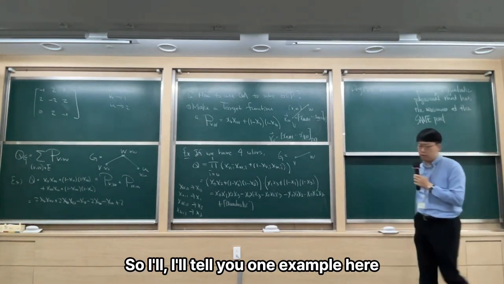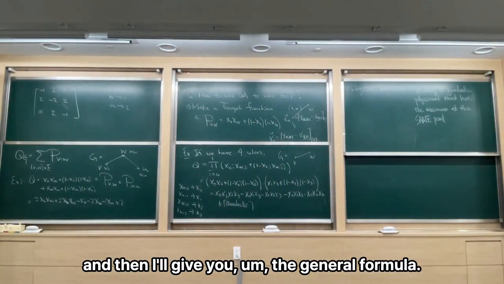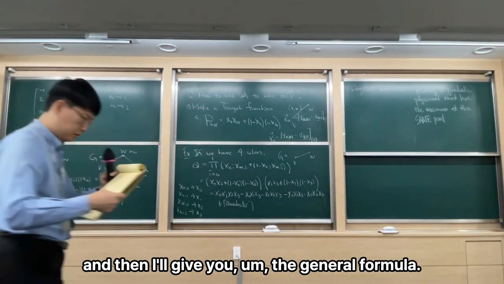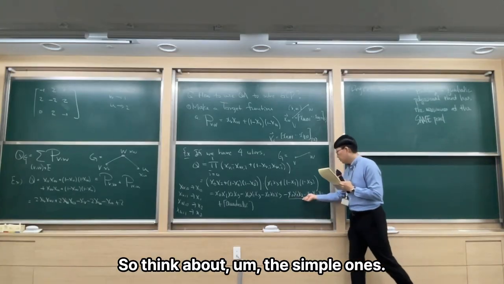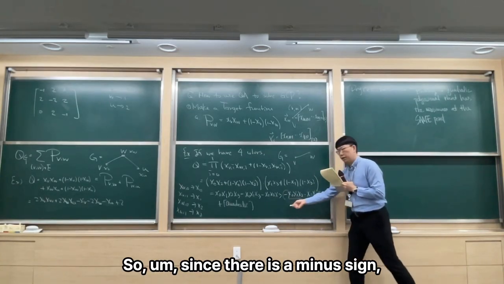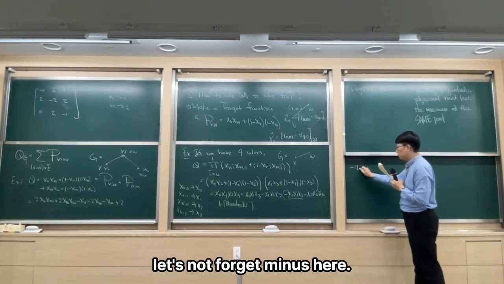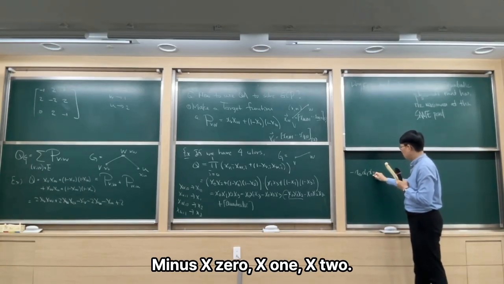So I'll tell you one example here, and then I'll give you the general formula. Think about the simple one, x0 x1 x2. Since there is a minus sign, let's not forget the minus: minus x0 x1 x2.